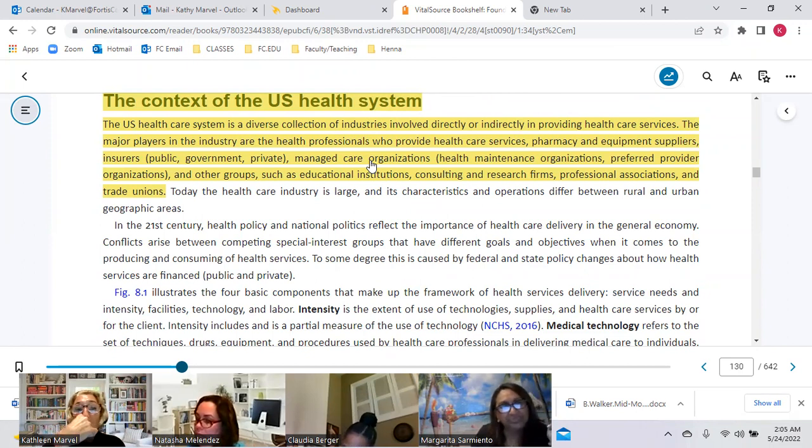The major players are obviously health professionals who provide the services like us, pharmacy, equipment, insurers, managed care organizations. So it's made up of a lot of different entities.